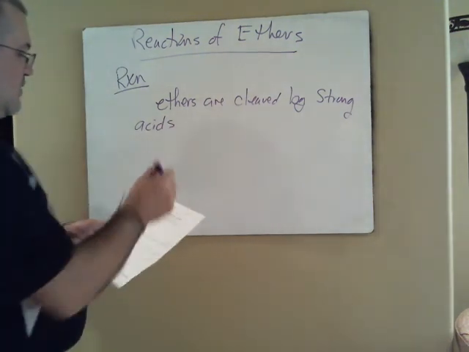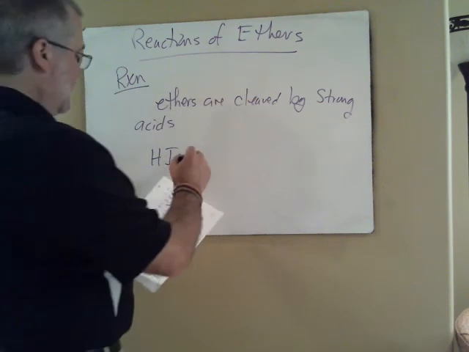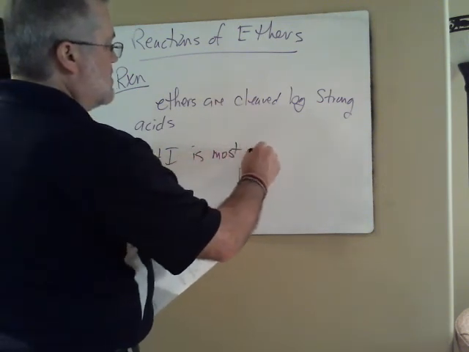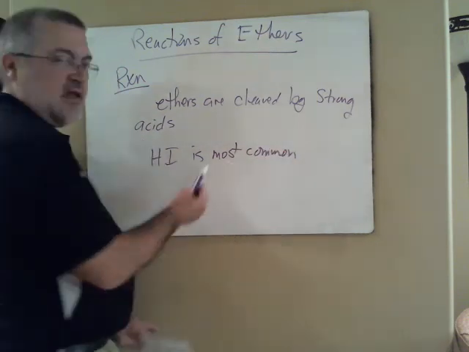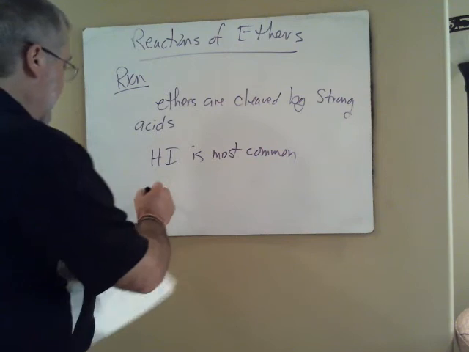HI, which is a strong mineral acid, is the most common. So if you want to cleave an ether, HI is your first choice.